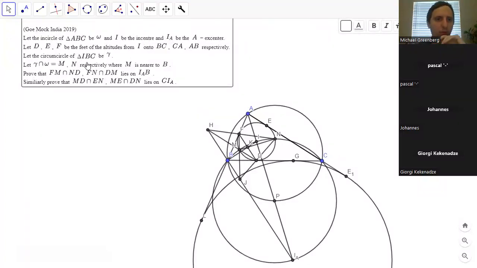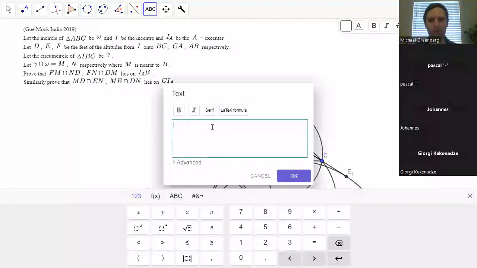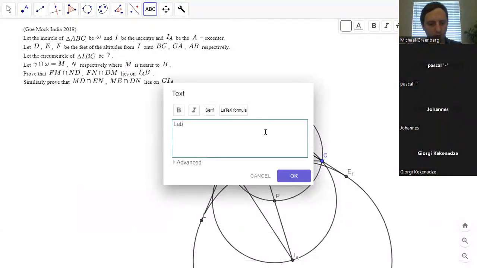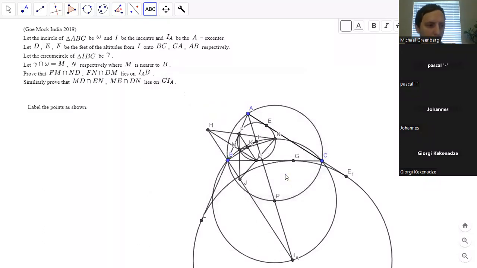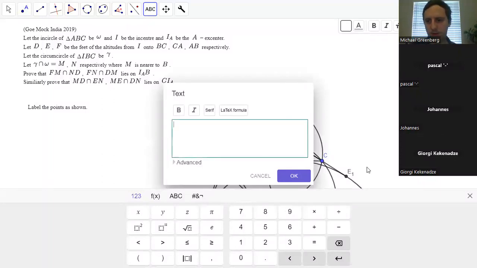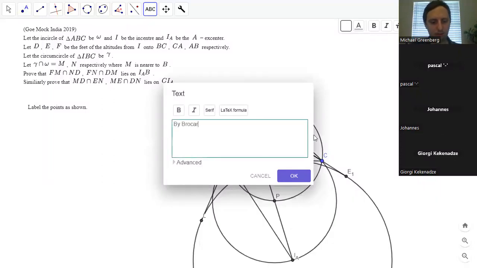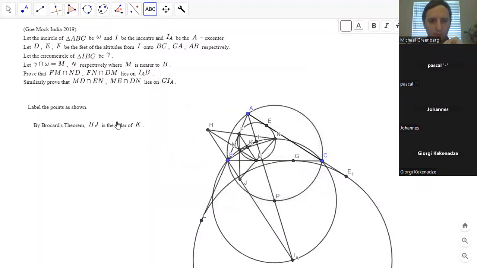So I'll just label the points as shown. By Brocard's theorem, HJ is the polar of K. And then we know that B lies on the polar of K, since BF and BD are tangent to the circle.